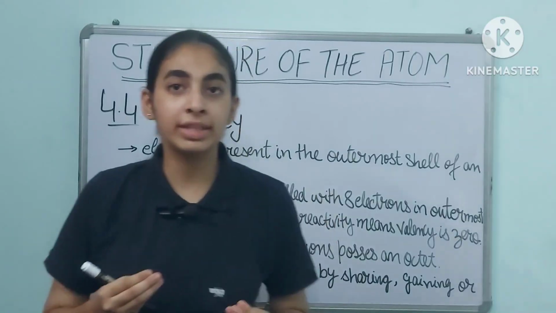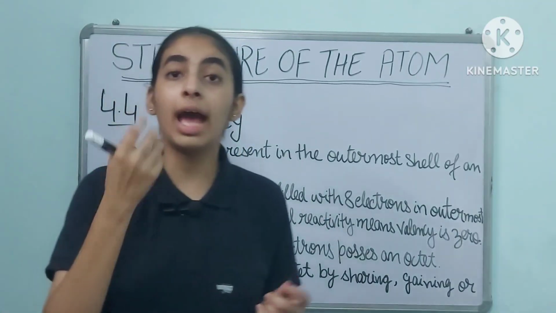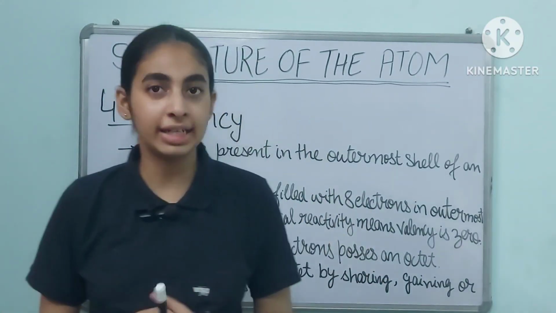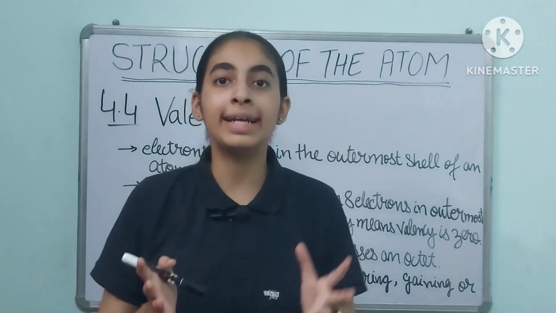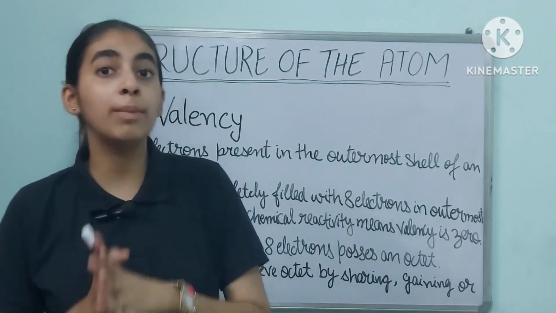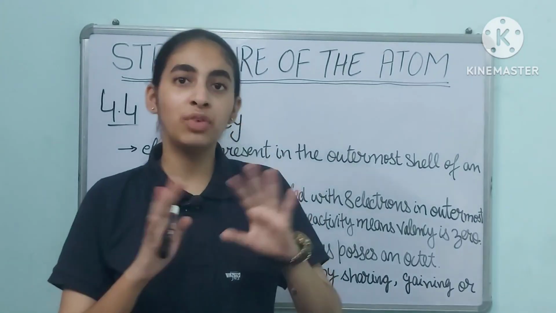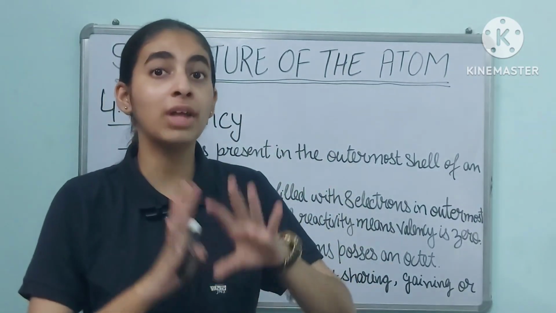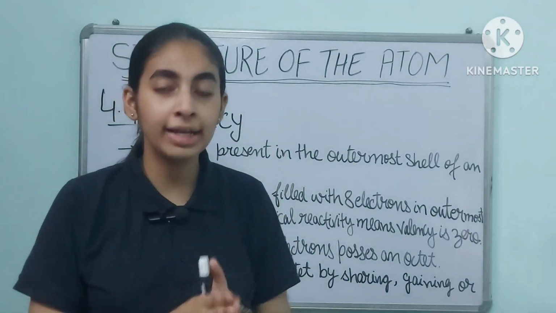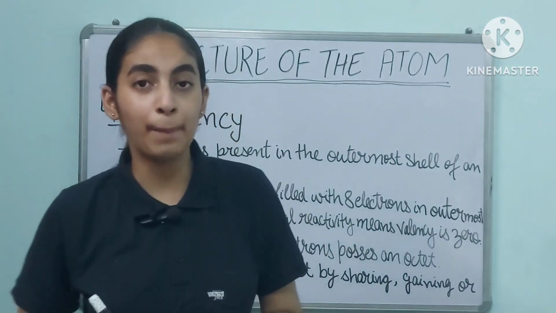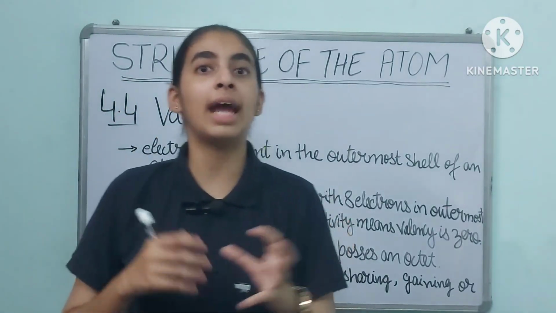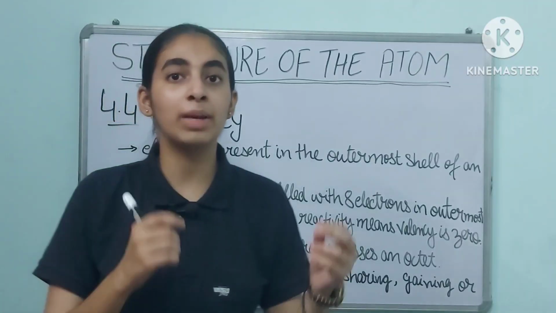We know that everything in this world, whether an atom or a human being, needs stability. So if an atom has 8 electrons in its outermost shell, there will be no valency, because the capacity of the outermost shell is up to 8 and it is completely filled. So its combining capacity is 0, meaning it will not combine with other atoms.